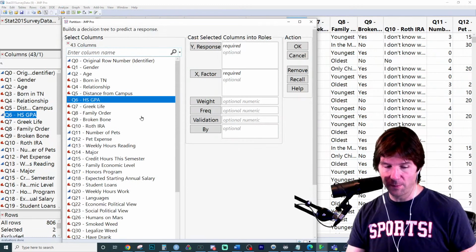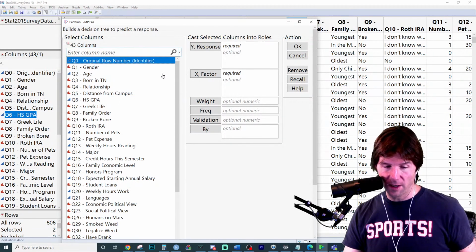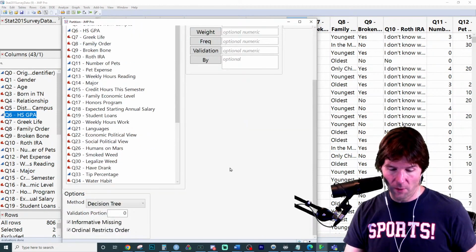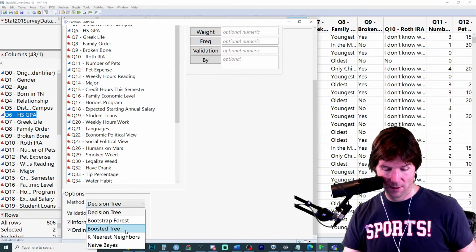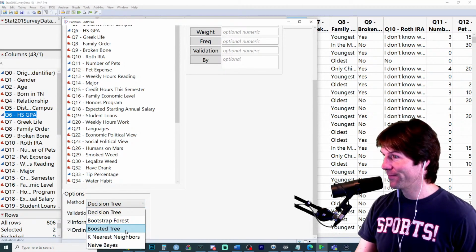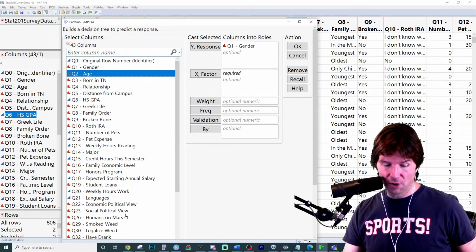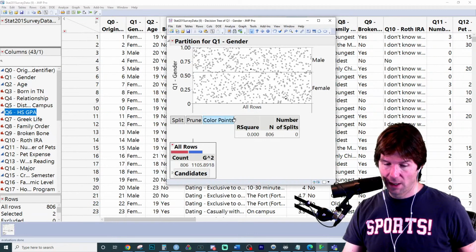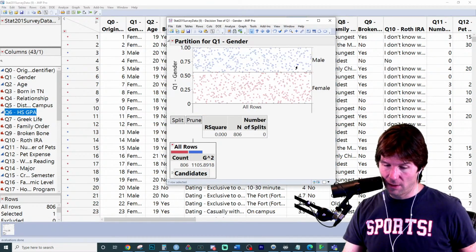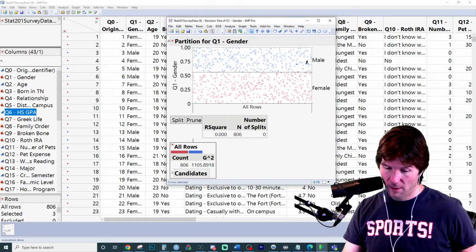I think you can do this in JMP even. We're talking about an algorithm where you go in and check down here: boosted tree, JMP has it. You're trying to predict someone's gender, and you're using these variables. What it does is it grows a tree. I hate that the points are colored.